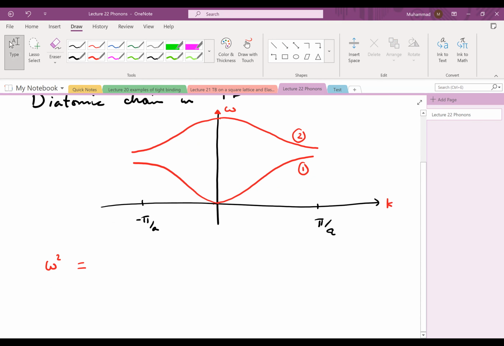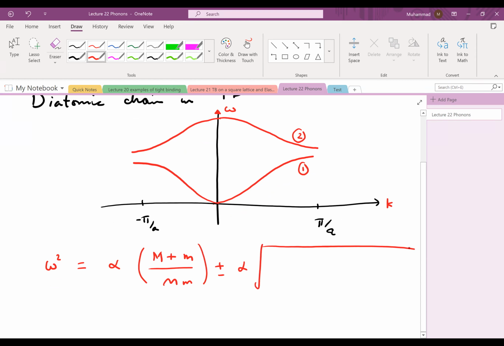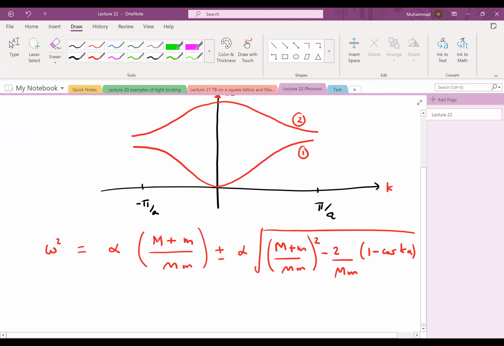So omega square turned out to be alpha, where alpha is the spring constant, which identifies the strength of the bond between the two kinds of atoms. Each atom has a mass either capital M or small m. Cosine of Ka, where a is the lattice spacing.